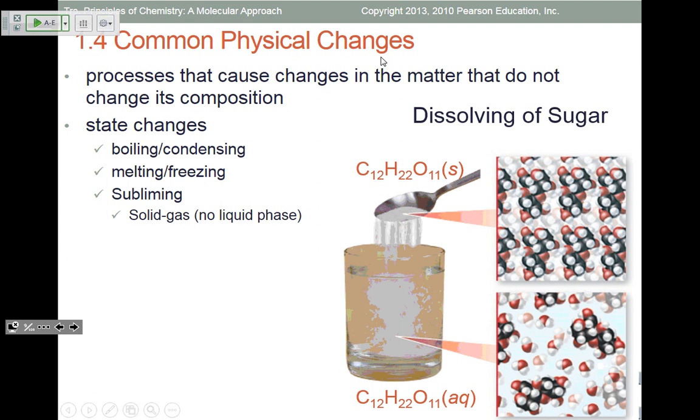So CO2 will sublime straight from solid dry ice into the gas, and you won't form a liquid in between. There's a couple of compounds that do that. We can actually make caffeine do that under pressure, and we sometimes do that in organic labs. So when you take organic lab, you might do that. But it's a little bit less common because not as many molecules do that without going through the liquid phase. But we do see that.